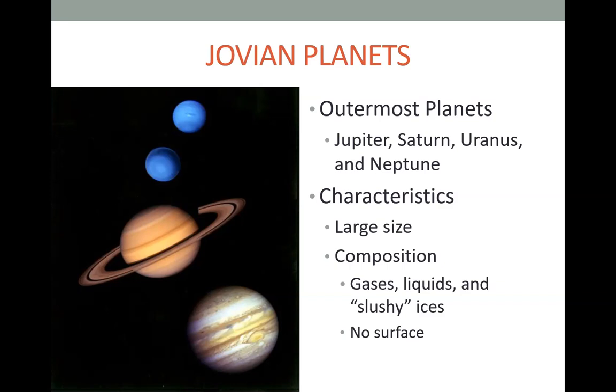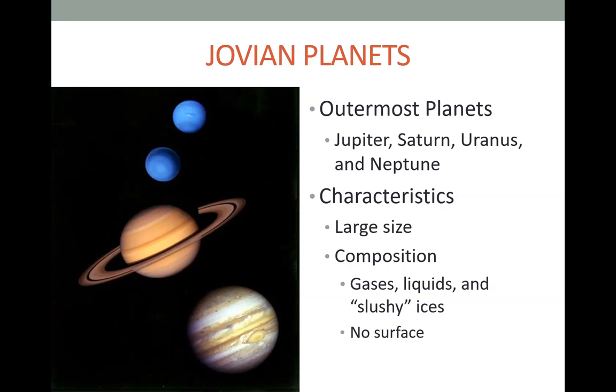And the other thing that's important about these outer planets is that they don't have a solid surface, the way that the inner planets do. So for example, on Earth, there is a surface, because we're sitting on it basically. And on Mars, there is a surface to land a rover or a spacecraft onto to study it.